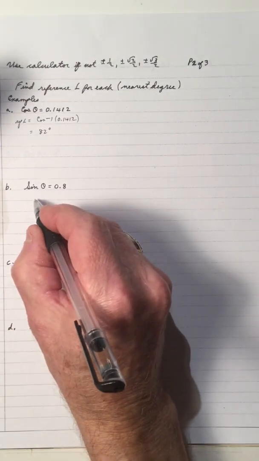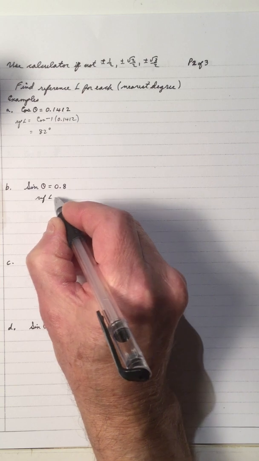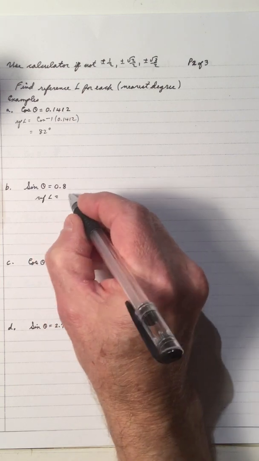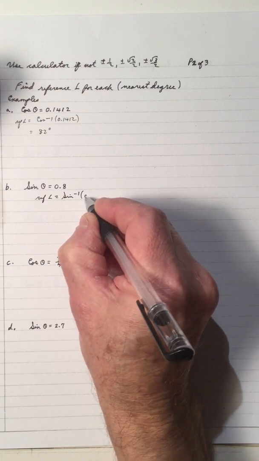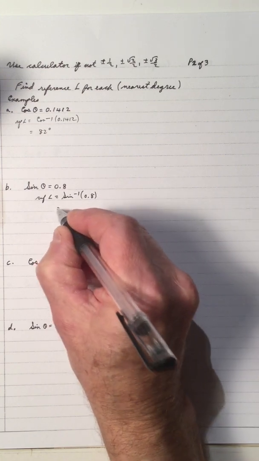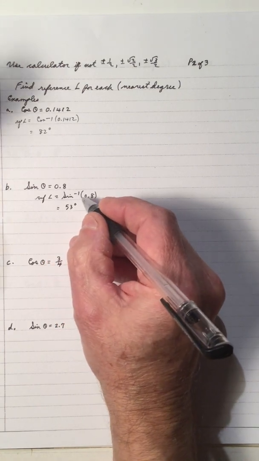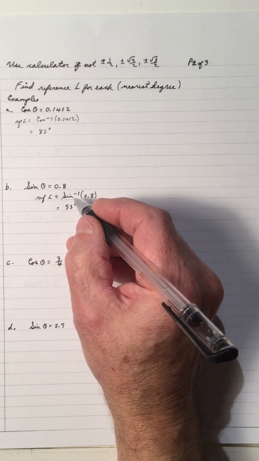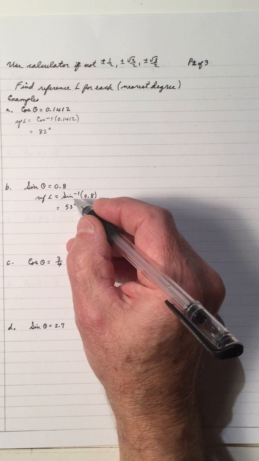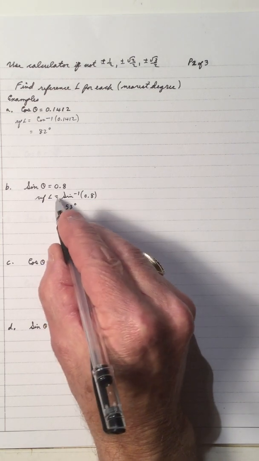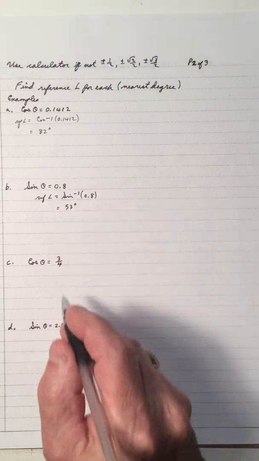And again, the reference angle, because it's positive, is written down as sine to the negative 1 on 0.8, and that reference angle comes out to be 53 degrees. So it's working backwards, and I did that in my previous units on trig, when we did right triangle trig, trying to find the size of the angle. We did second function or inverse button on the calculator.